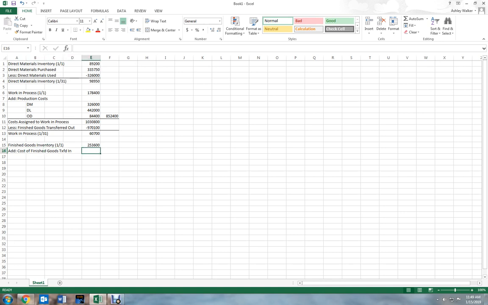So cost of finished goods transferred in has to be, if they got transferred out of work in process, guess where they got transferred to? Finished goods. So that has to be the transferred goods to get added in here. Okay. So adding those two together gives me the cost of finished goods manufactured.